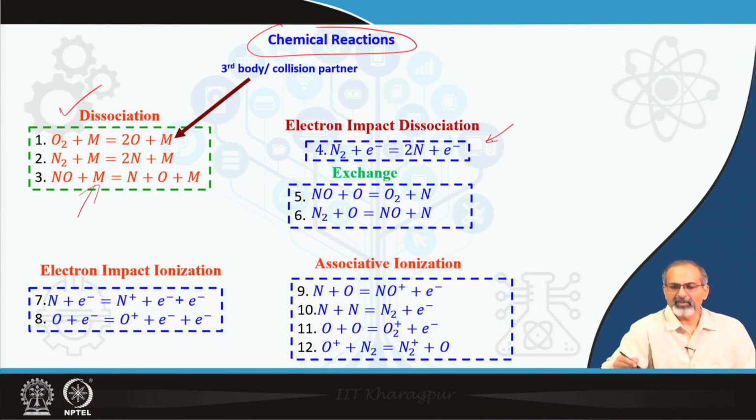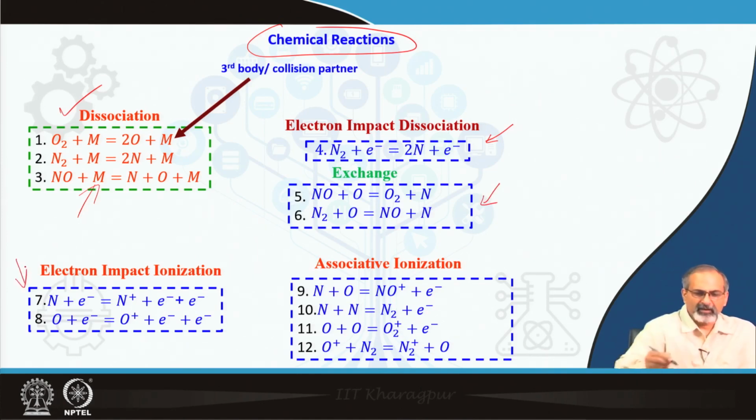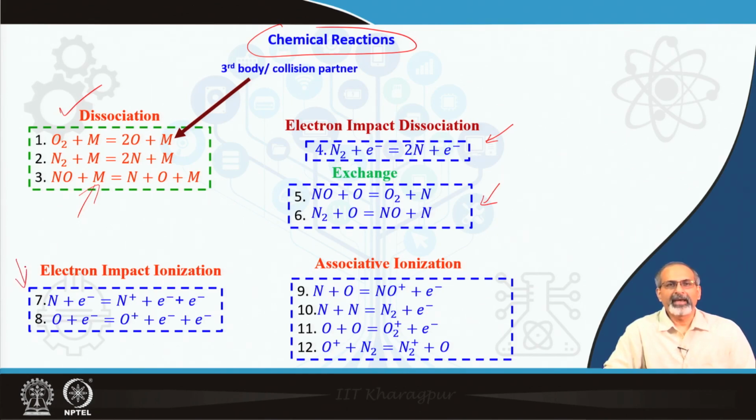Then you have electron impact dissociation of N2, followed by exchange reactions between NO and O, N2 and O, electron impact ionization, where N or O impacts with electrons to ionize, associative ionization, where N or O collides with NO or O, and O plus with N2, where ionization is produced.